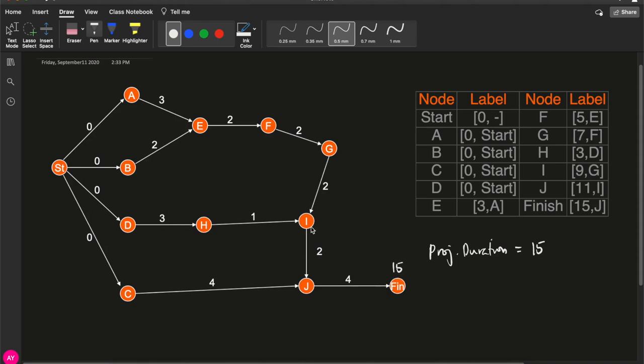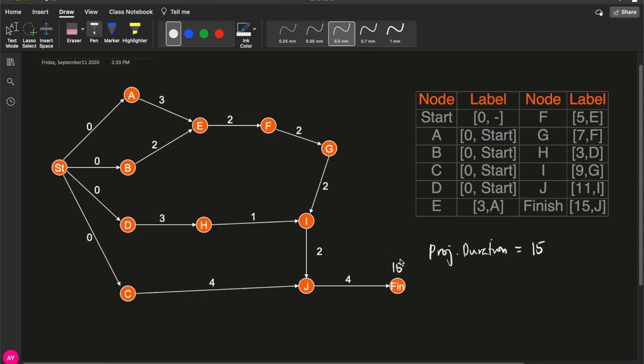What does this 15 mean? If this came from the longest path algorithm, then that means the duration of the longest path from start to finish is 15 weeks.